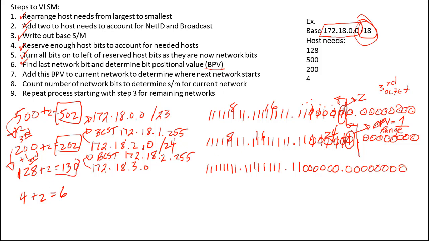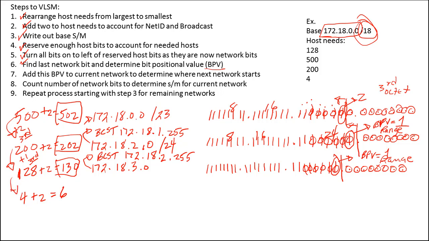This time we're solving for 130. 2, 4, 8, 16, 32, 64, 128. That's not enough. We need to reserve that last bit to give us 256. So it just so happens the bit positional value of the least significant network bit is in the same place again. So BPV equals 1. That's our range.